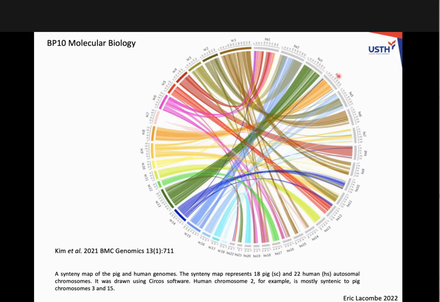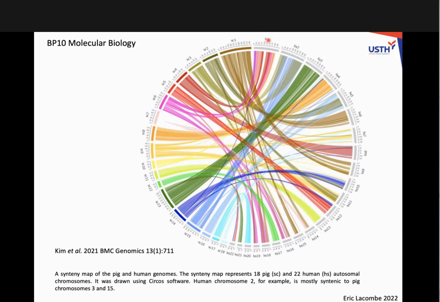And in this circle, you've got different, so let's start, for example, here, on the top, it will be easier. You have these little gray or different colored blocks, okay? And on the top, you have HS or SC followed by a number.